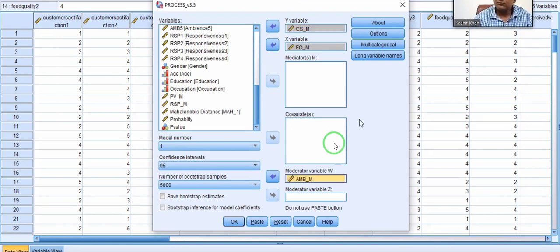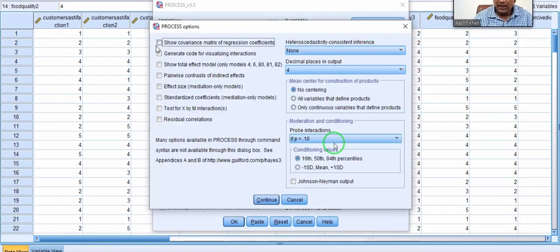Now I'll go to Options. It says show covariance matrix, regression, no problem. Generate code, visualizing interaction, yes, I need that. This one is for mediation, pairwise, indirect effect. Let's leave it as standardized coefficient. Test for M, residual, just leave it as it is.